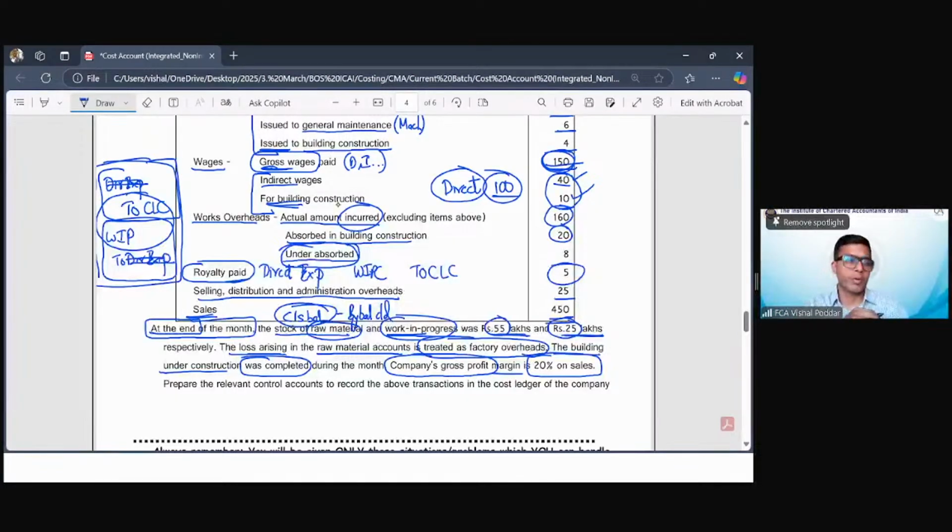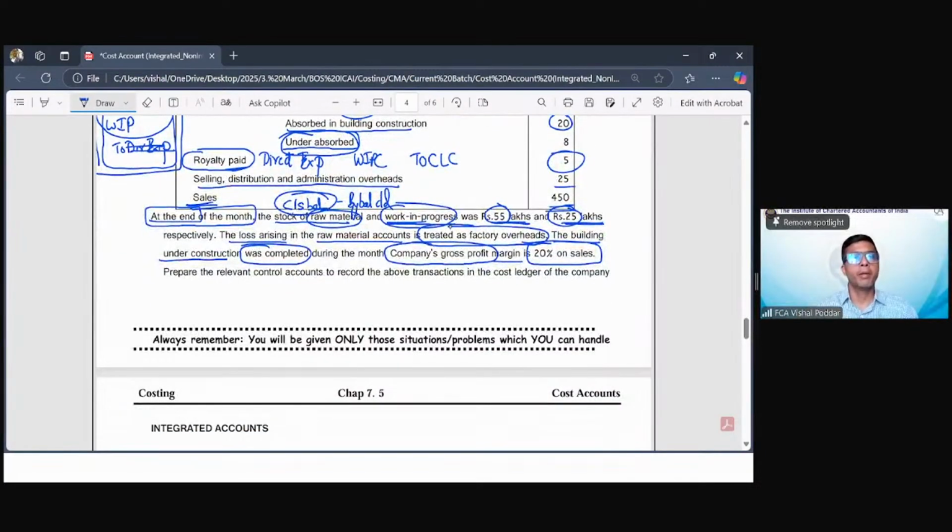This is not your net profit margin. Had this been my net profit margin, this would have given me the amount of net profit. And we know net profit is transferred from the cost P&L to CLC. I would have done that. But this is not net profit. This is gross profit. Now, if they have given me gross profit, what I do is I prepare a working note. I'm just doing it here so that you can see it at one place. The working note is calculation of cost of goods sold.